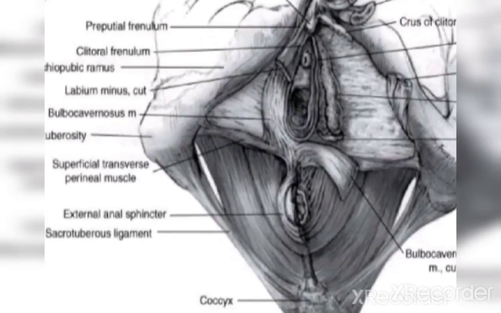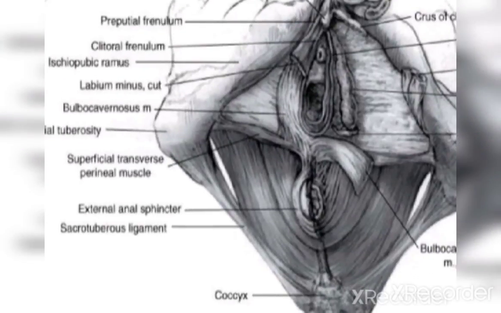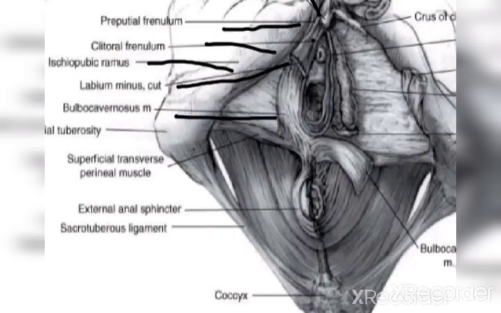Then here you can see the corpus clitoris, then the preputial frenulum, then the clitoral frenulum, the ischiopubic ramus, the bony part, then the labium minus and labia minora, the bulbocavernosus muscle, ischial tuberosity, then the superficial transverse perineal muscle, then the external anal sphincter.